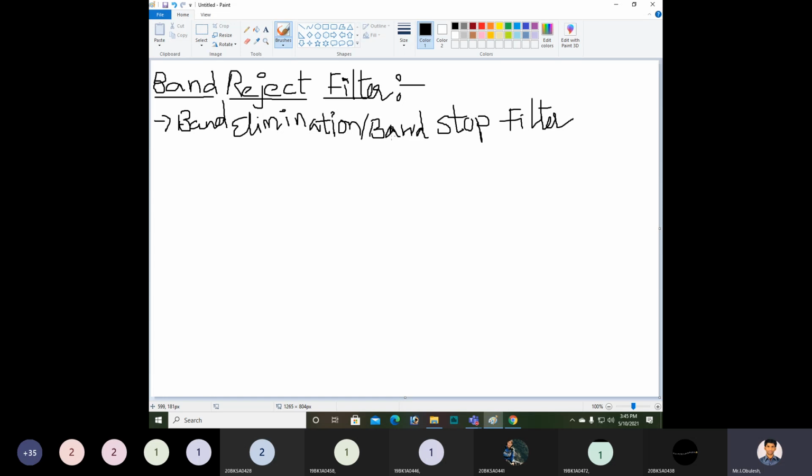Band reject filter is also called band elimination or band stop filter.